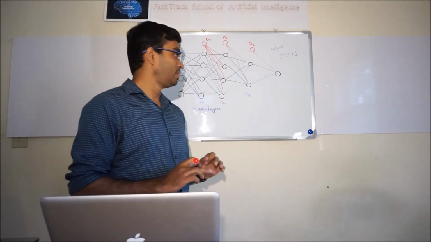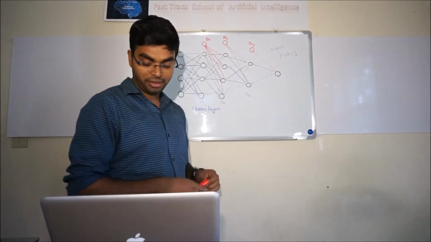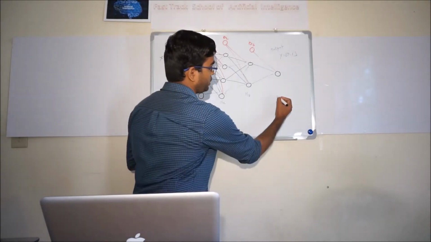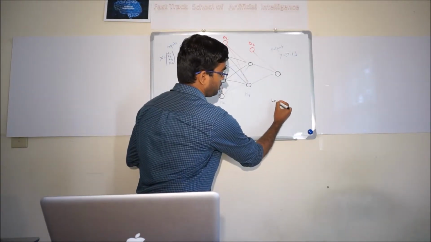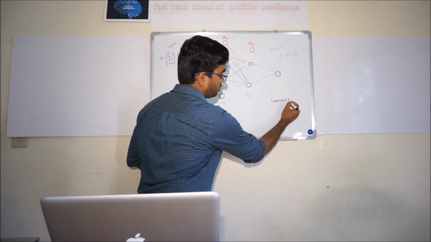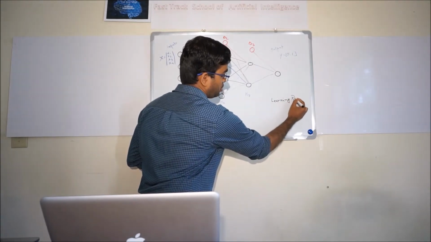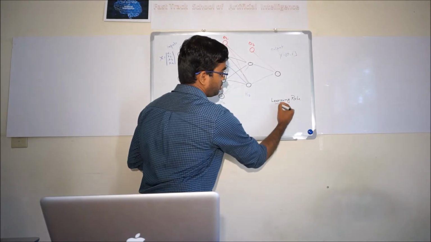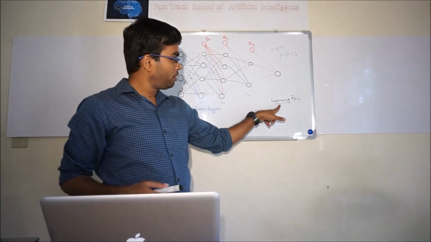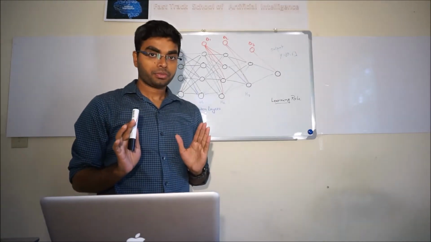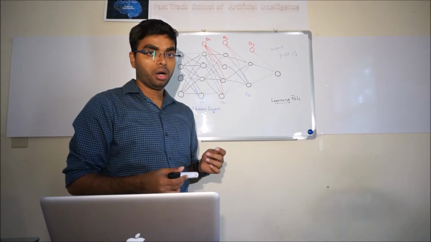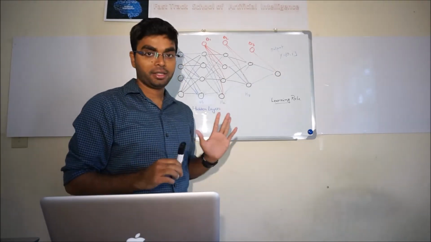Okay, so learning rate is something, let me write down the term for you. Alright, so this particular value will say how much adjustment you are going to make on the basis of the error you are getting.